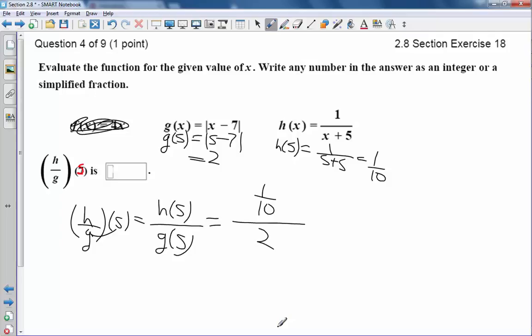Do you agree? Okay. And I cancel this. This is 5. 10, 2 goes to 10 5 times. And make the result. This is just 1. 1 over 5 divided by 1 is 1 over 5. Right? Okay? Any questions? No questions?